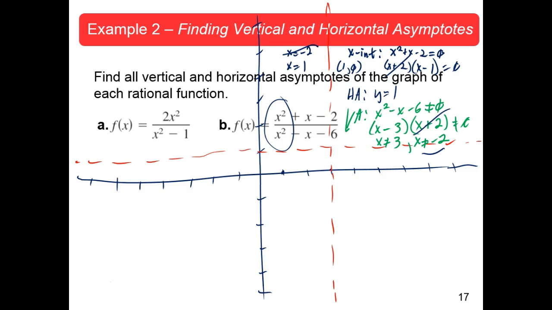Because we know the function has to stay in this quadrant, so it's going to approach the horizontal asymptote this way and approach the vertical asymptote that way. Okay, so let's do it. It's going to approach here. But remember, x can't be negative 2. So at negative 2, you have a hole in the function.